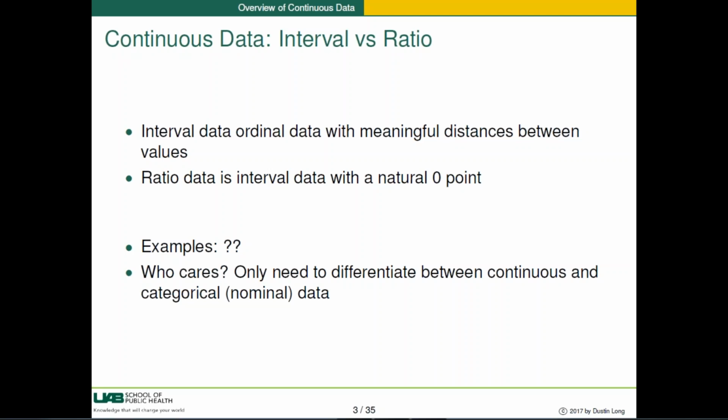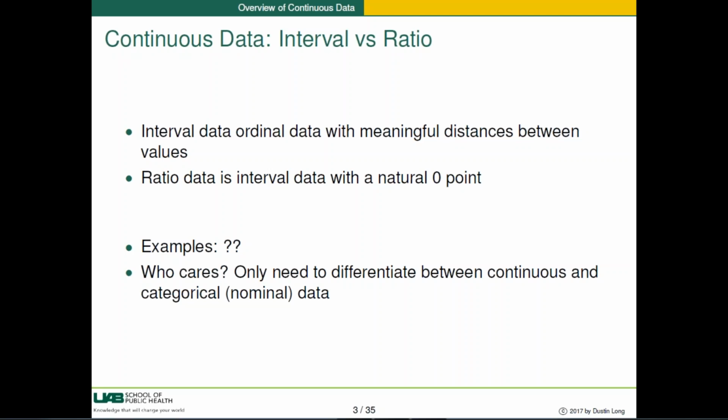Well, interval data is ordinal data with meaningful distance between values. So if you have some string of data and the distance between, say, a 0 and a 1 is meaningful, then it's considered to be interval. Think about it in terms of birth weight. That's my go-to answer when I talk about clinical continuous data.